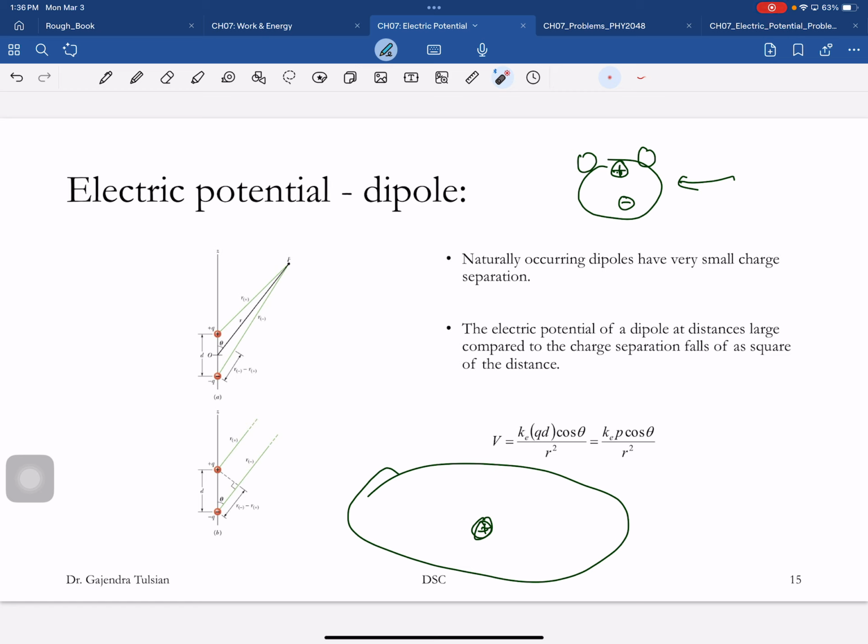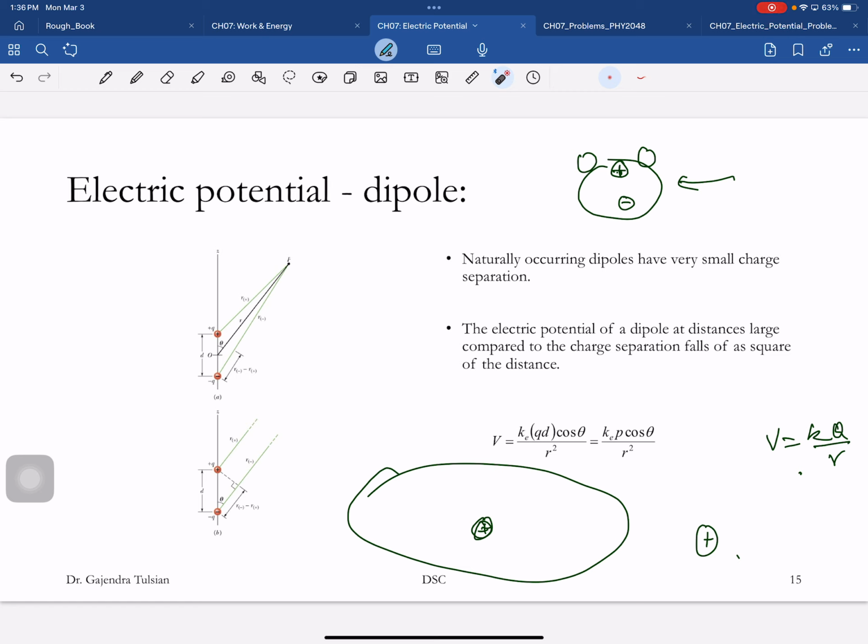Now, it turns out that from a point charge, the potential falls off as 1 over r. From a dipole, the potential falls off as 1 over r squared, because the further out you are, this will start appearing as a neutral charge.